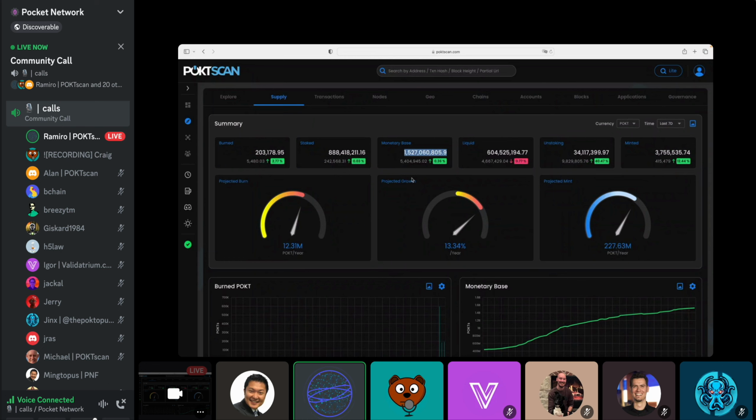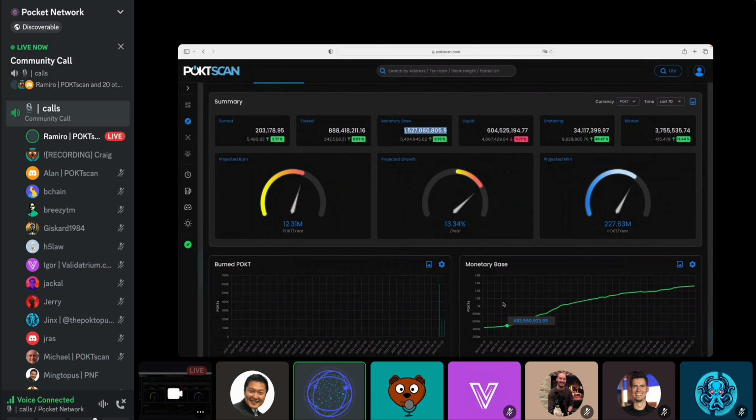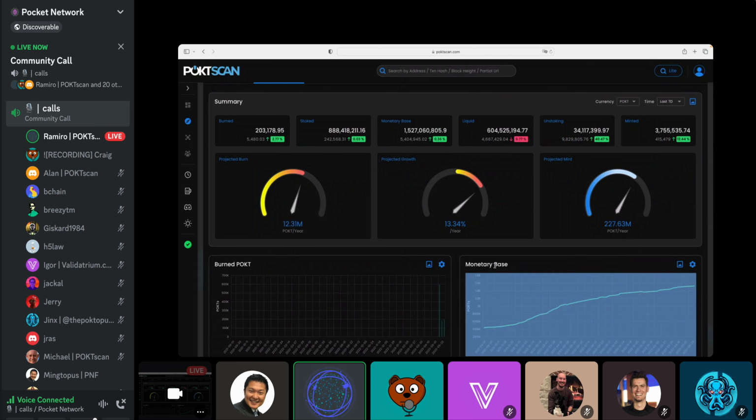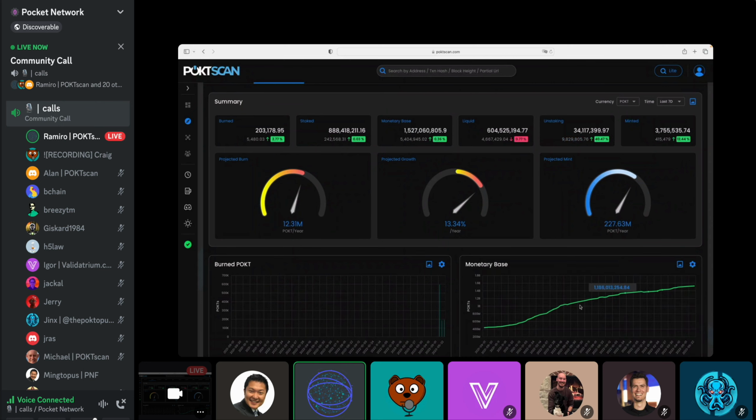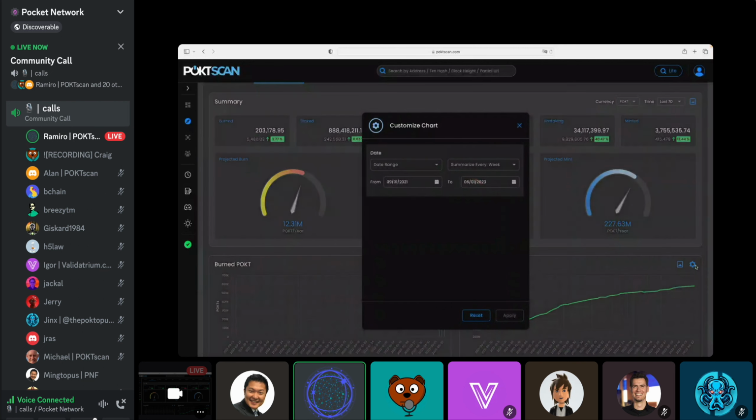This will change, but it's useful because maybe you want to see not the monetary base here, but the actual supply, and see it grow more smoothly in a time period without the DAO payments making some weird peaks.